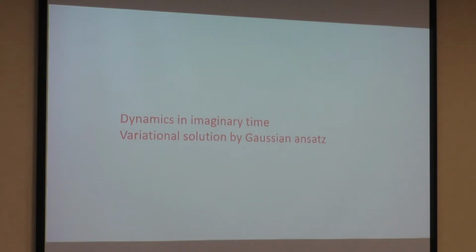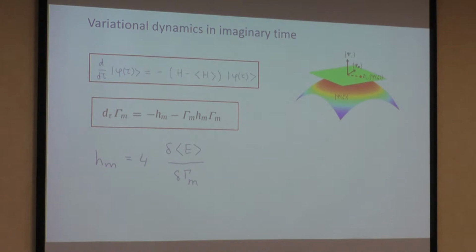OK, and then we can do the same thing in imaginary time when we're interested in the ground state. Again, the form of the equation is slightly different, but the main idea is the same. We just have to be able to calculate the derivative of energy with respect to the covariance matrix, and then we can look at the evolution of the covariance matrix in imaginary time and just wait until it reaches the fixed point.